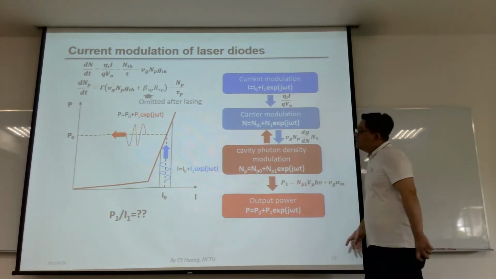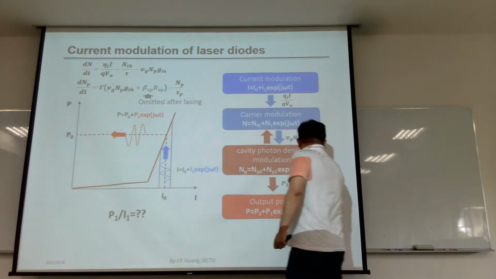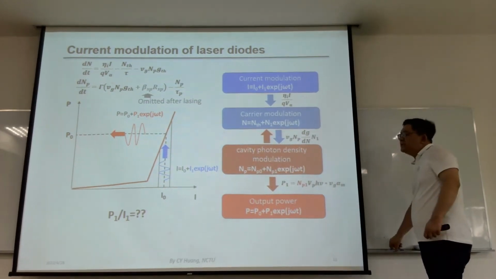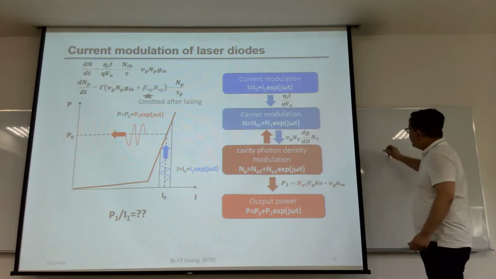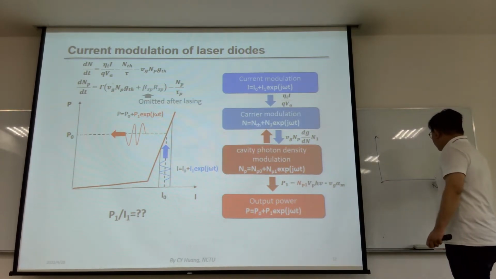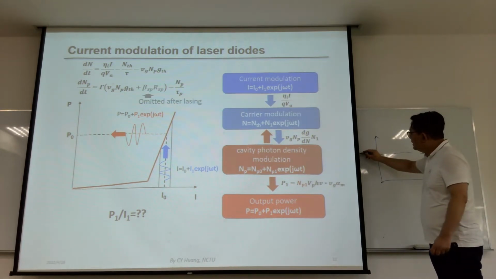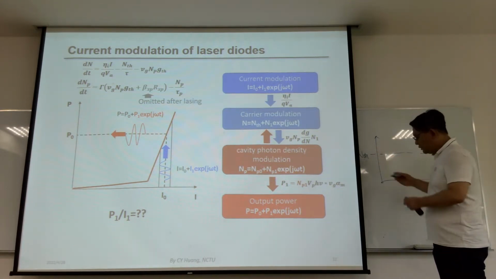Since it is after lasing, N should be at N_th. Let me draw this again. So under steady state, it should be at N_th.